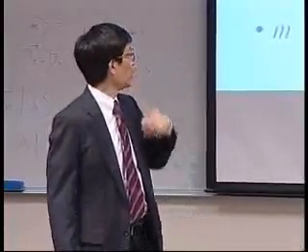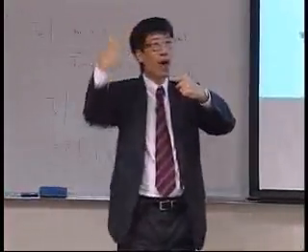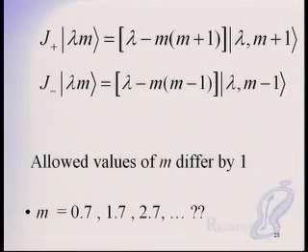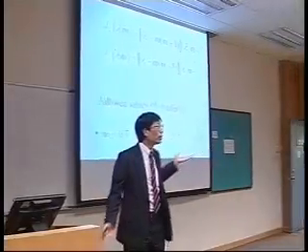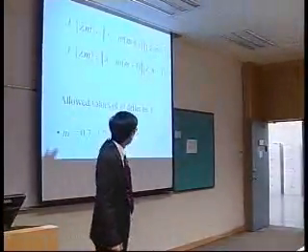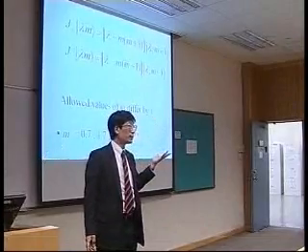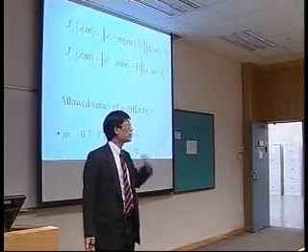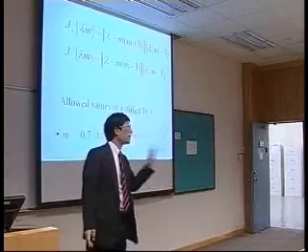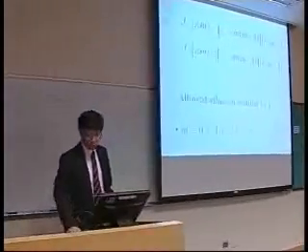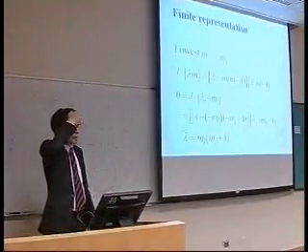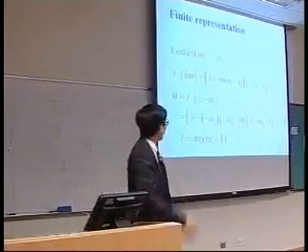So, next question. If the m values differ by 1, can you have m equals, say, 0.7, 1.7, 2.7, 3.7? These differ by 1, right? This is allowed by the results we have derived so far. But actually, you know that cannot be the case. So I need another result. Suppose I have a finite dimensional representation.